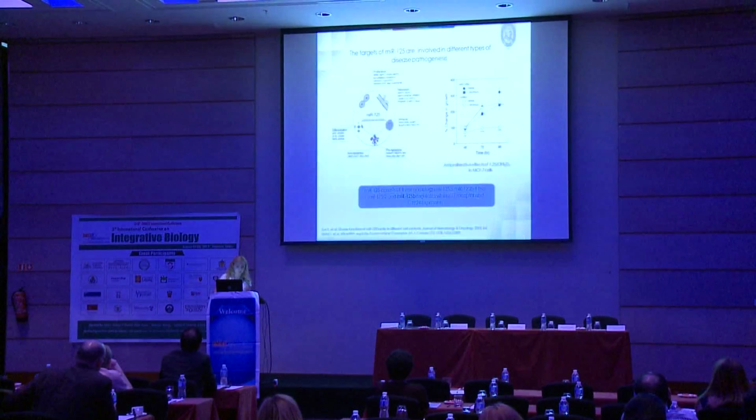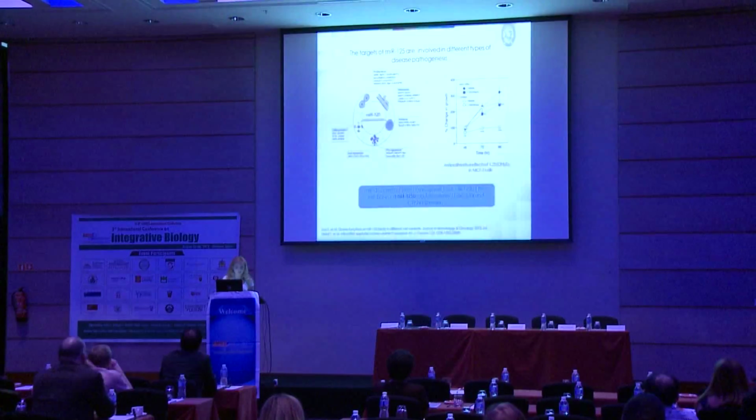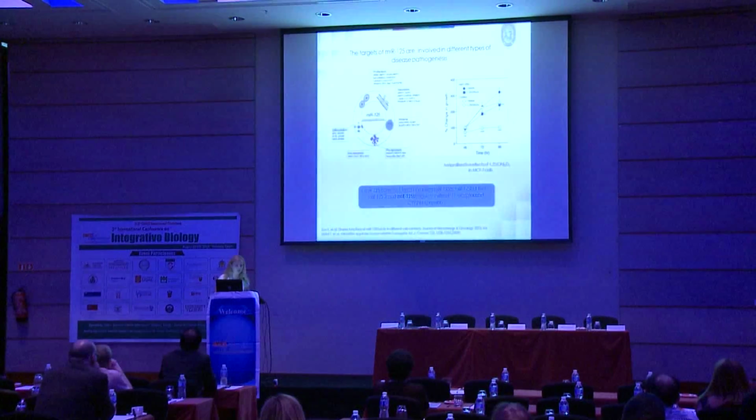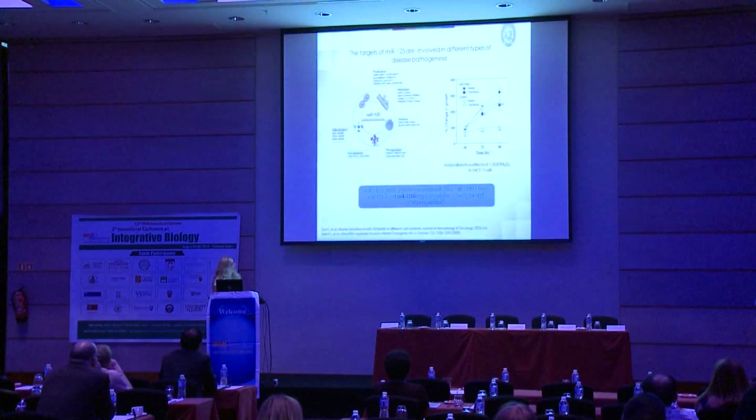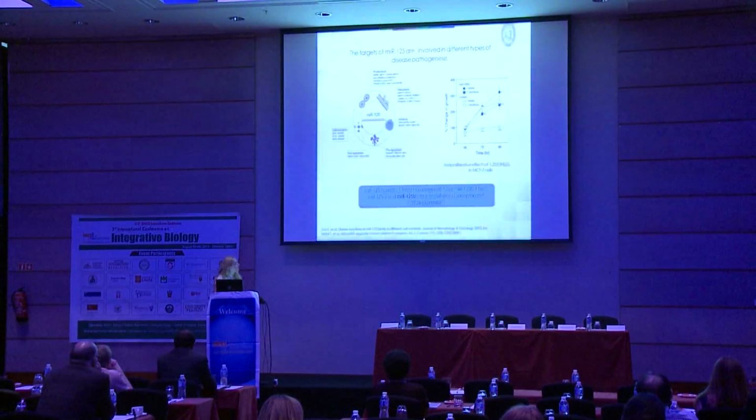And one of the most interesting microRNAs for our research is microRNA 125. This is a family of microRNAs which are involved in many biological processes like proliferation, metastasis, immune response, and differentiation.